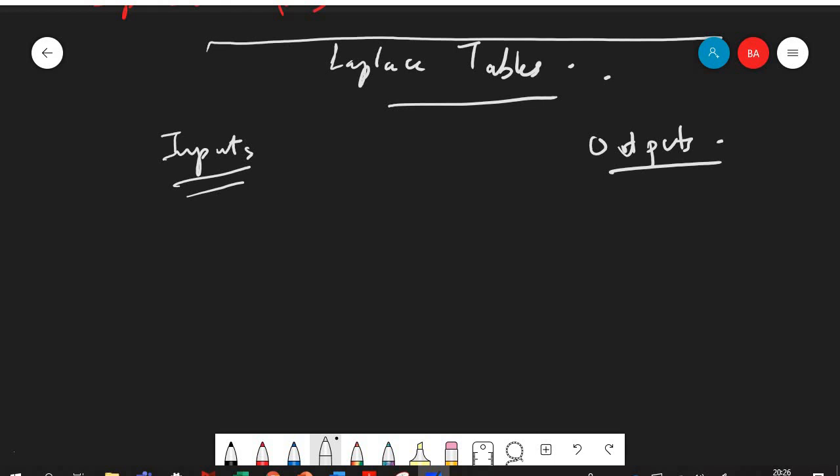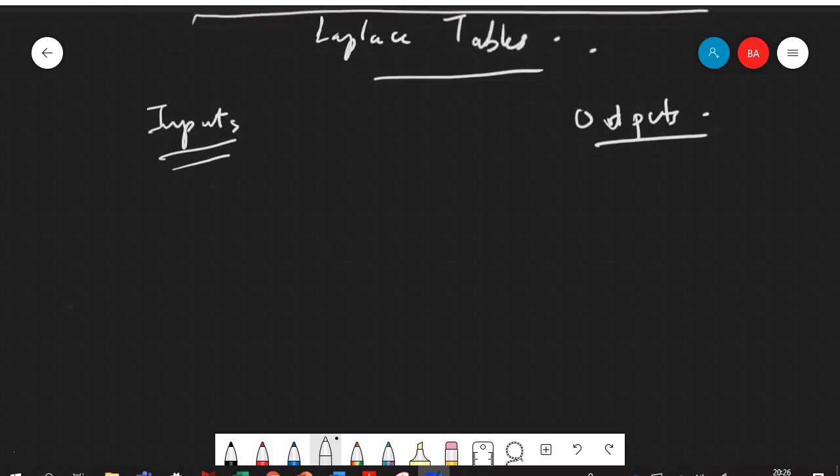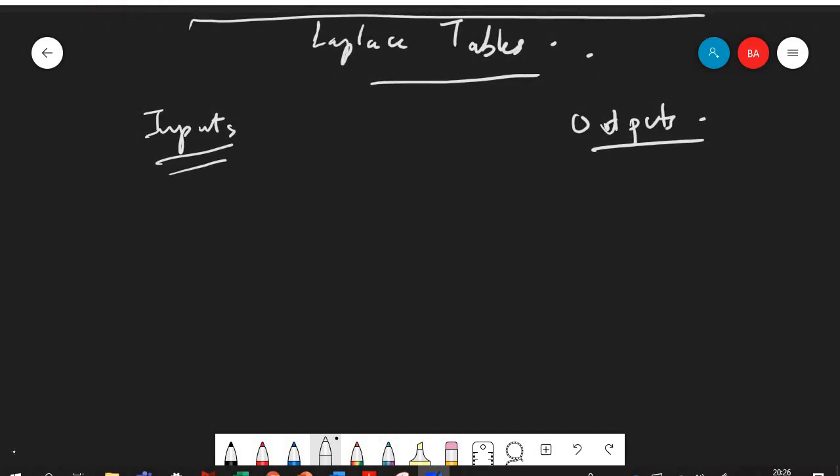You will not actually find this on the net, but this is the way I look at it, to know why we are concentrating on these functions. There are many functions, there are many f of t's, a lot. So why are we concentrating on certain f of t? You're going to get the idea in a moment.